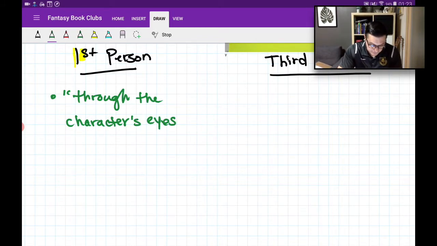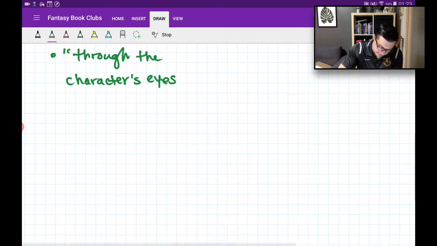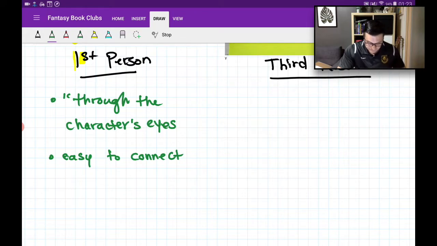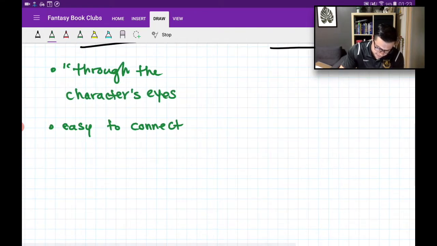We see what they see, we feel what they feel, and this often makes it easy to connect with the main character, because we feel their feelings. One of the drawbacks is that we're limited by the character's abilities. So if the character doesn't see it or notice it or hear it, neither do we as the reader.